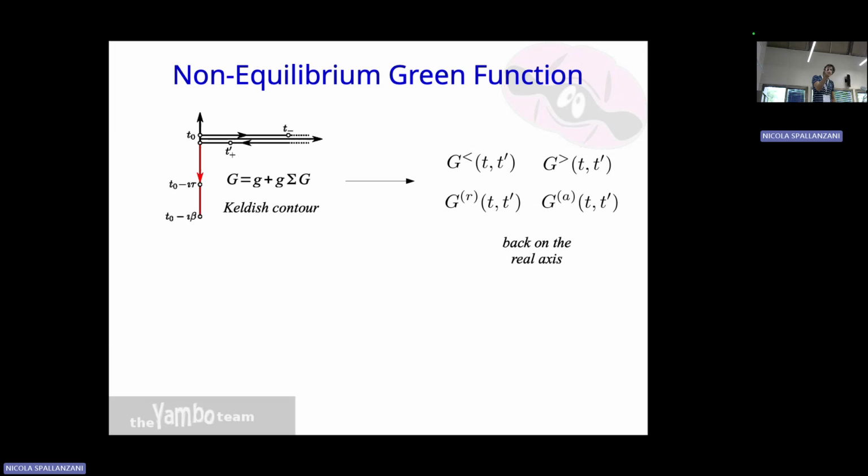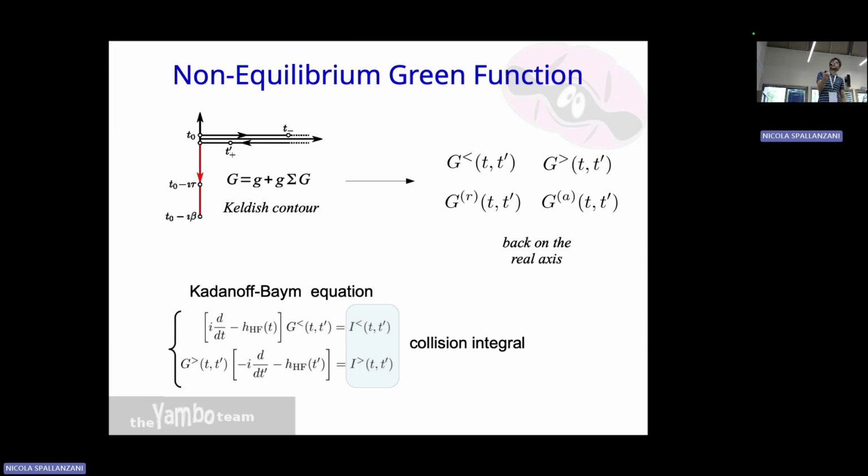So we are not going to dig into the details, but just know that once you define this Keldysh contour, you can define the same kind of equation, the same Dyson equation that you have at equilibrium, on the contour. Then the equation can be moved from this time on the contour to the real axis, to the real time, and you can extract the quantities from which you can get experiment.